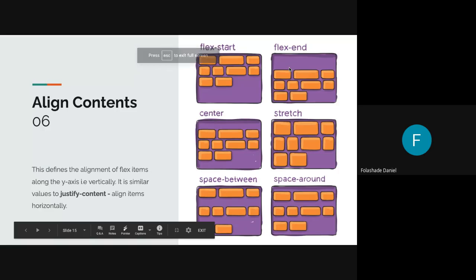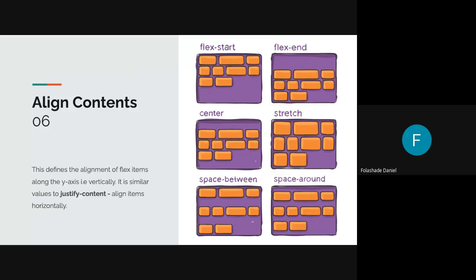So align content. This defines the flex item along the y-axis, that is vertically actually. Remember I was saying that the reason why we use Flexbox is to easily centralize an element. With Flexbox, it is easier to put things in the center, so we should always take note of that.